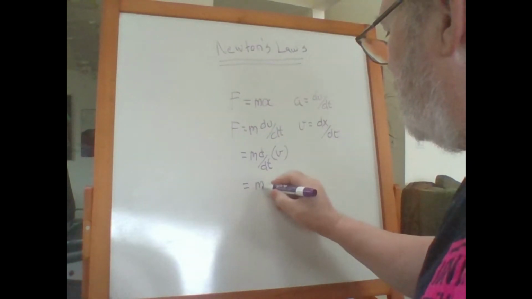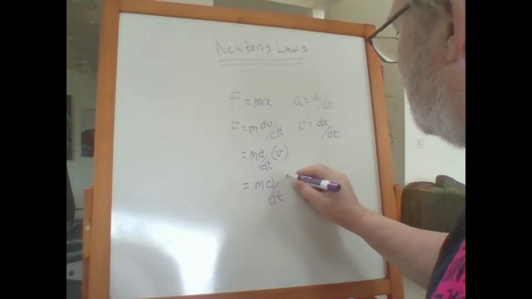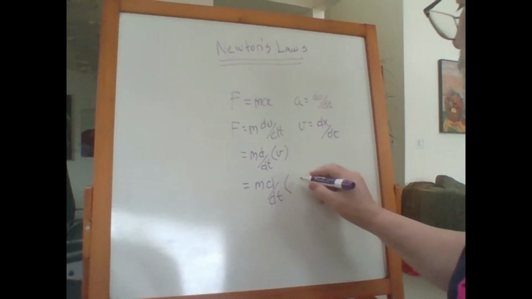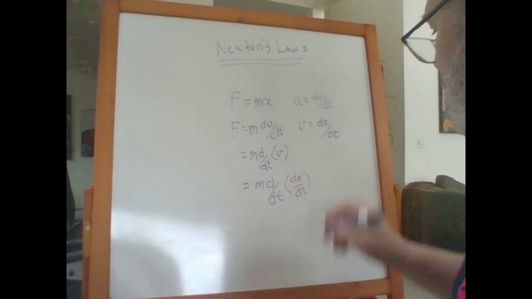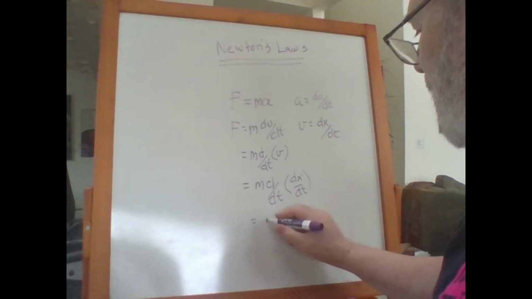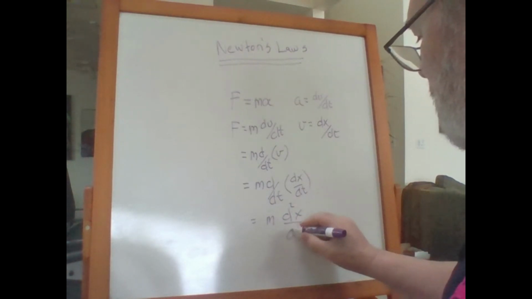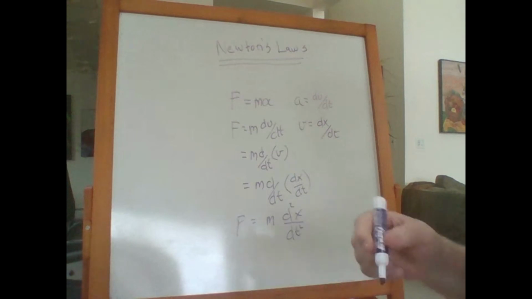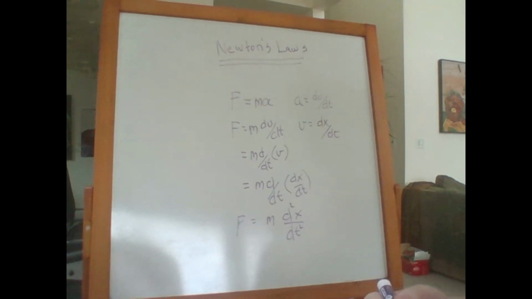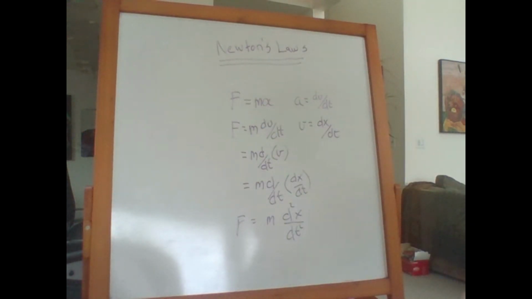So we have m d/dt of dx/dt, and this equals m d squared x over dt squared. And later on, when we look at integration, we're going to find these relationships very, very useful.